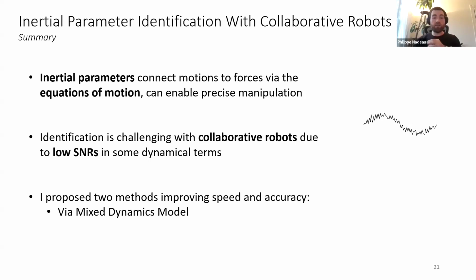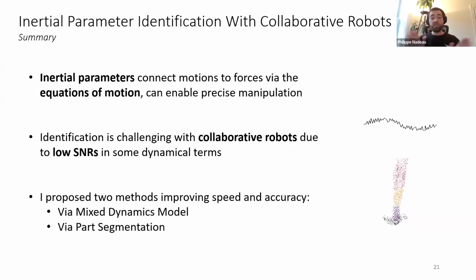The first method adapts the dynamics model to avoid low signal-to-noise ratios, while the second method makes use of robot vision to bring in new information. And so for the rest of this presentation, we will assume that we're equipped with methods that can provide us with accurate object models.